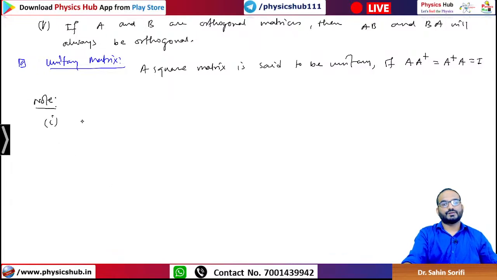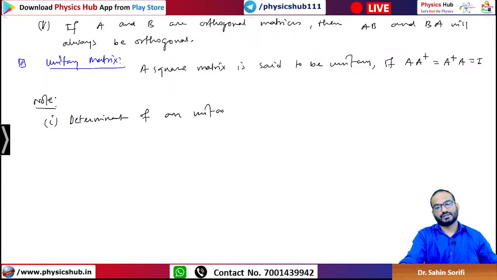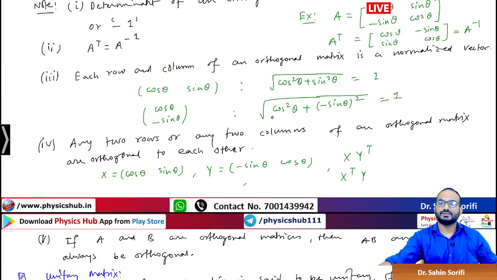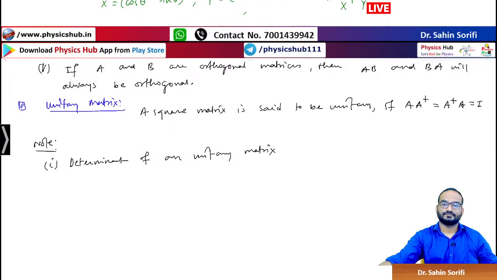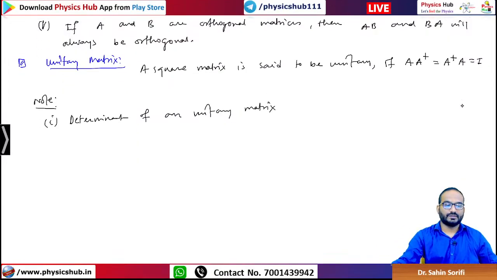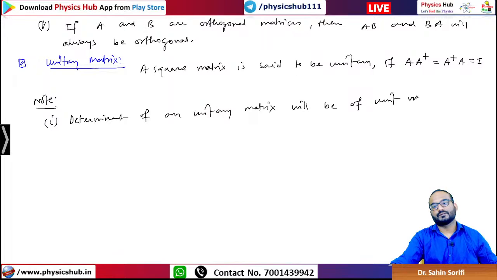Now some important properties of a unitary matrix. Determinant: for the orthogonal matrix, the determinant you have seen is either +1 or -1. Determinant of a unitary matrix will be of unit modulus.